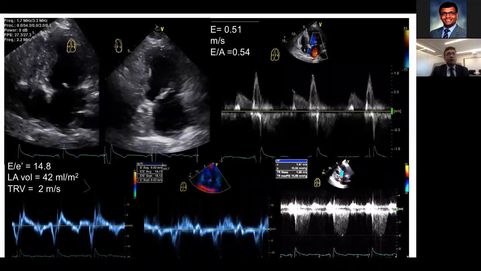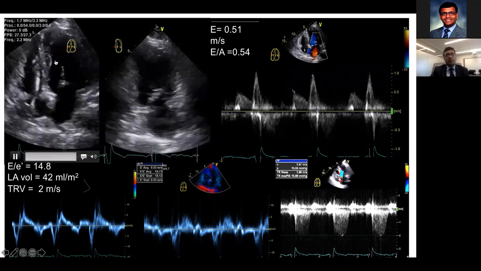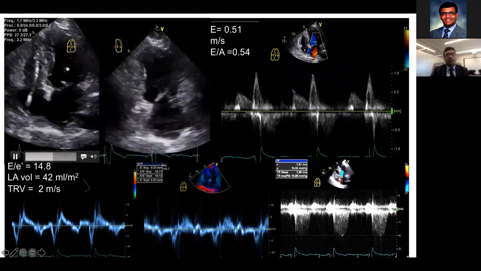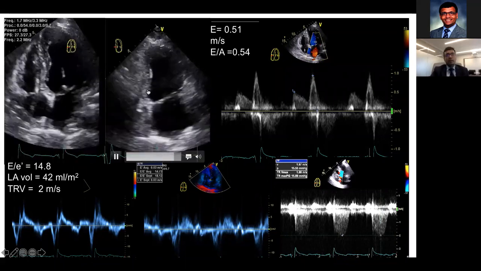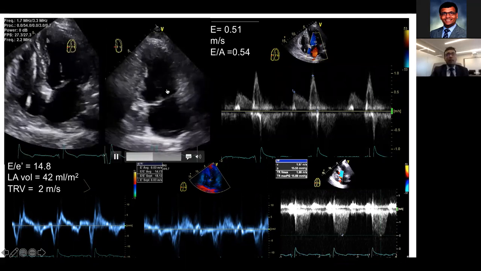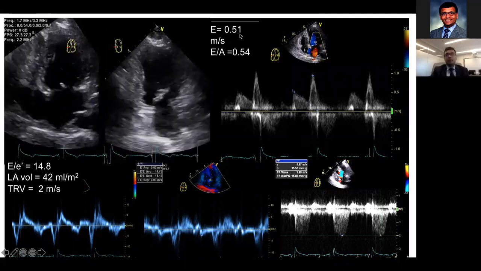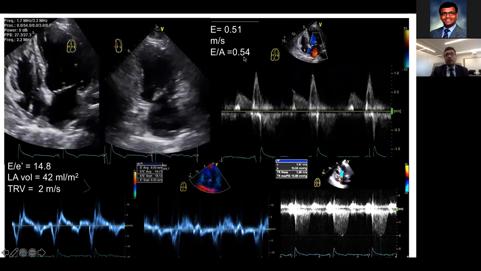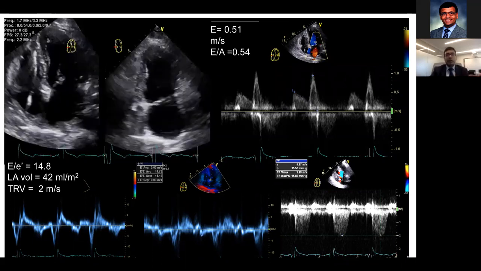So you have here a patient who looks like has a structural heart disease. The LV has wall motion abnormalities in the inferior wall. The left atrium looks already dilated. The E by A ratio is 0.54, so it's less than 0.8.